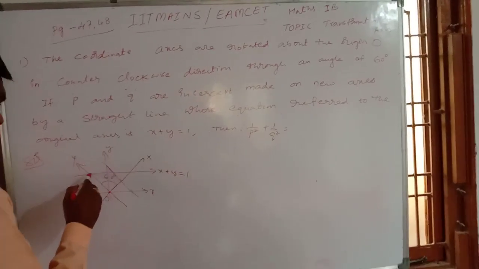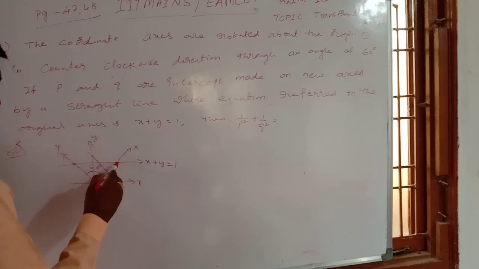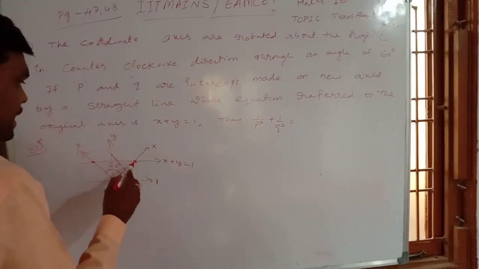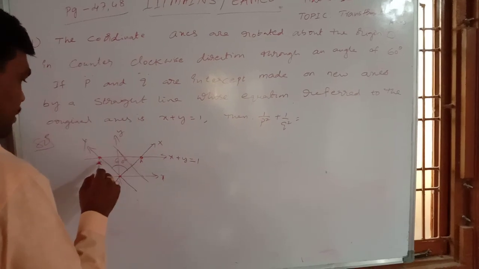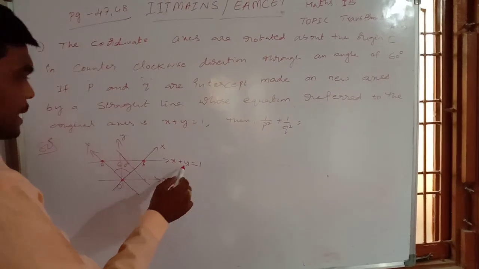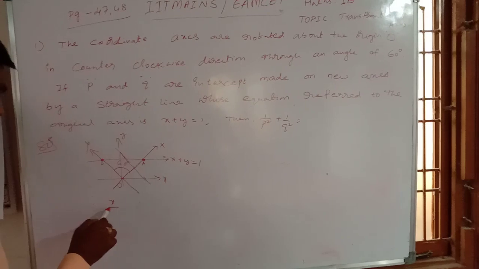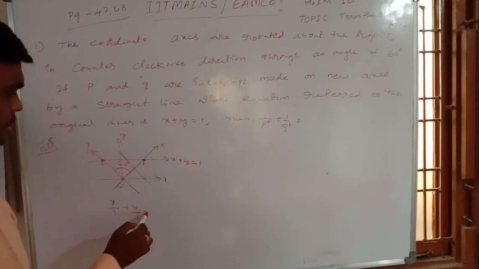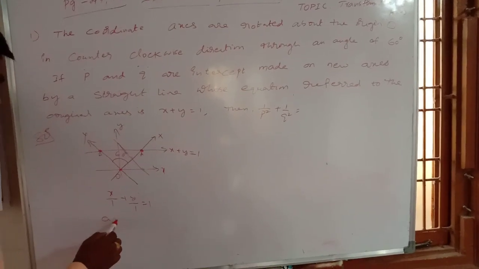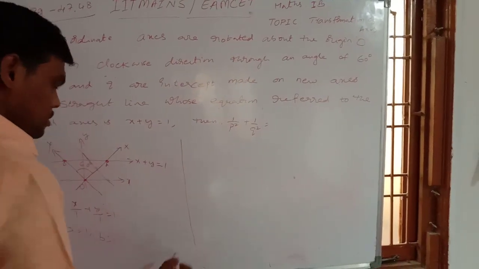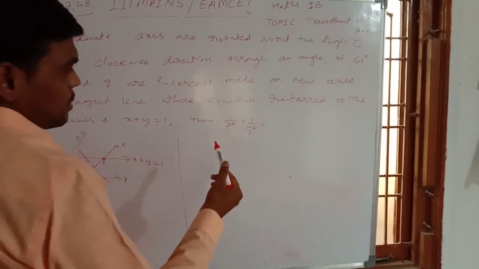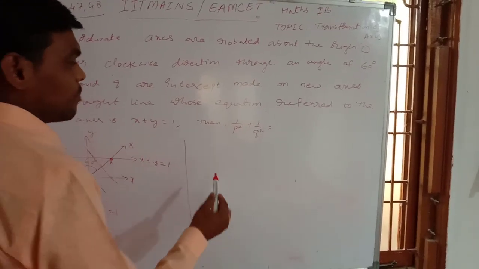Now the intercepts made on the coordinate axes are some letters a and b. The intercept form of the line is x by 1 plus y by 1 is equal to 1. Here a is equal to 1 and b is equal to 1. I already discussed this in the straight lines chapter.